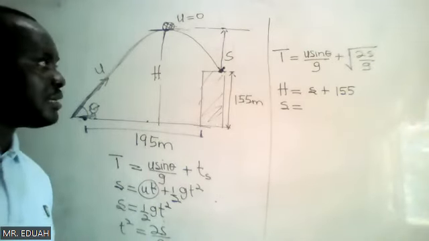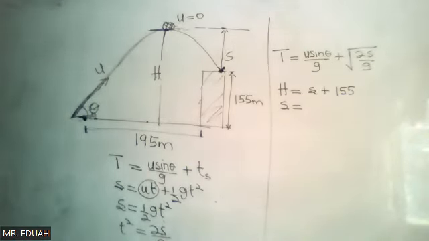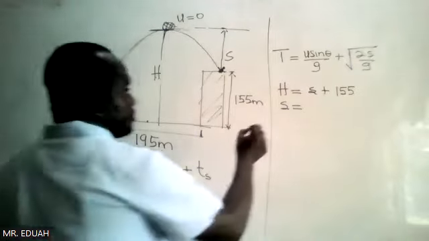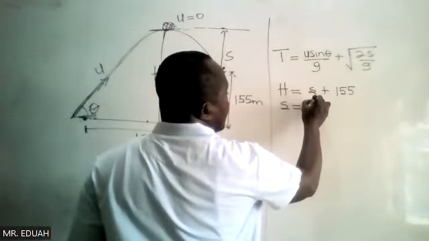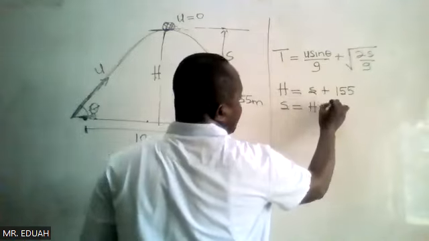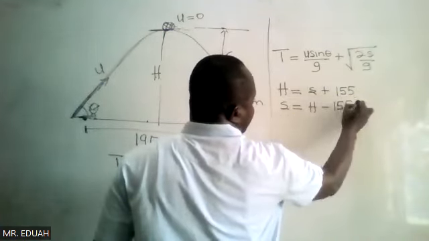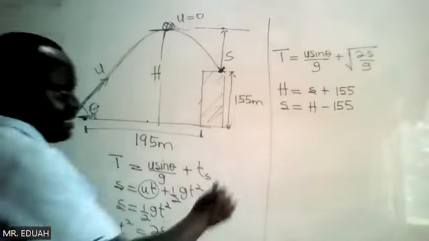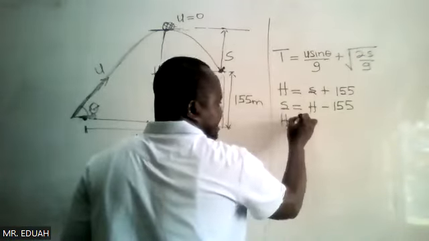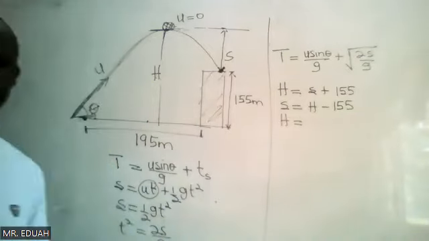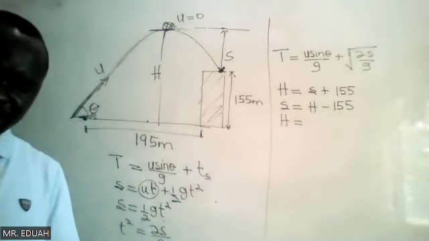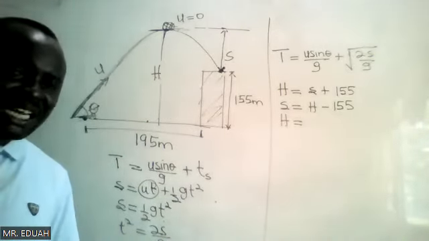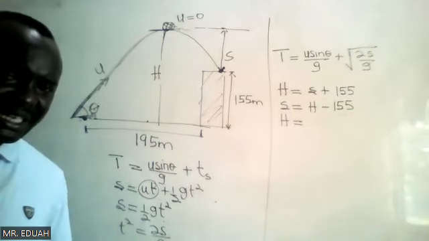S is equal to H minus 155. And we have a standard formula for H, isn't it?